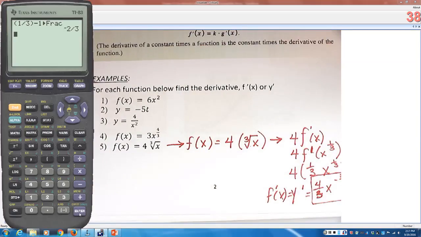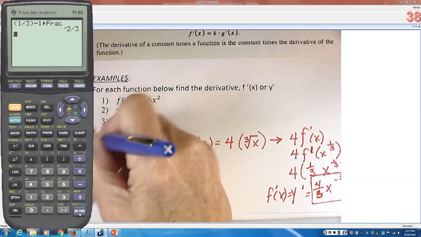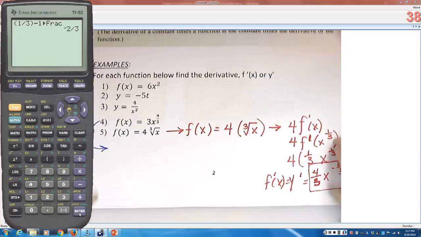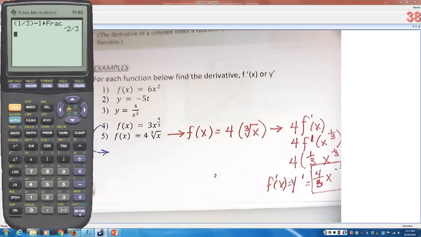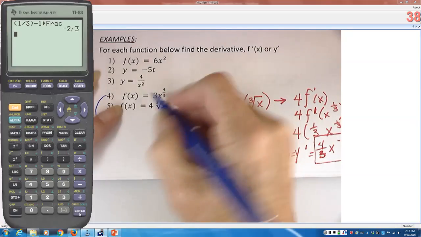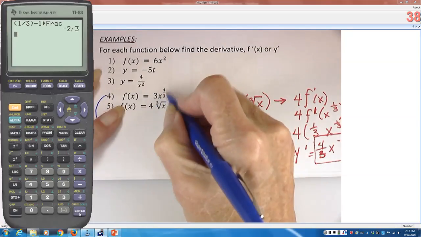I'm going to do the 4th example for you also. The 4th example is f of x equals 3 times x to the 4/3 power.